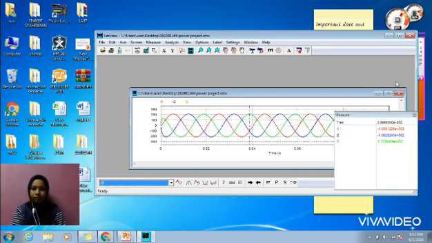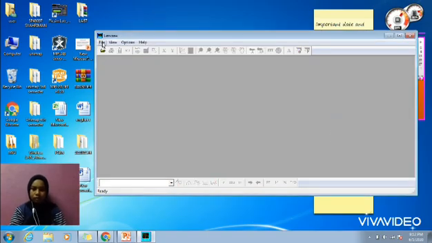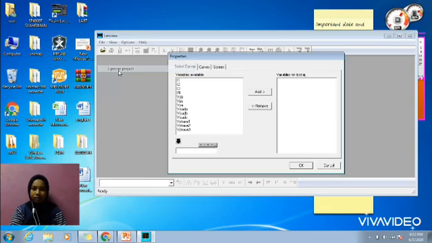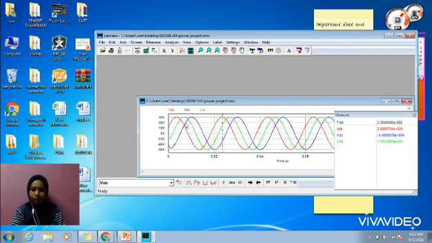Okay, next, let's take a look at the next value, which is VAB, VBC, and VCA. All of these values should also be the same.